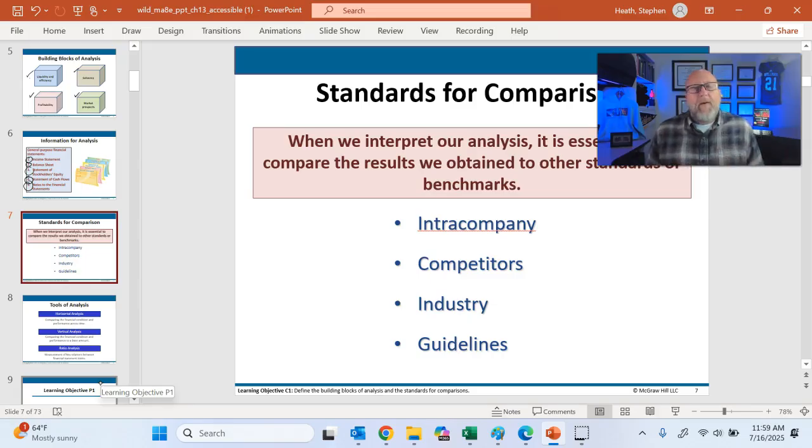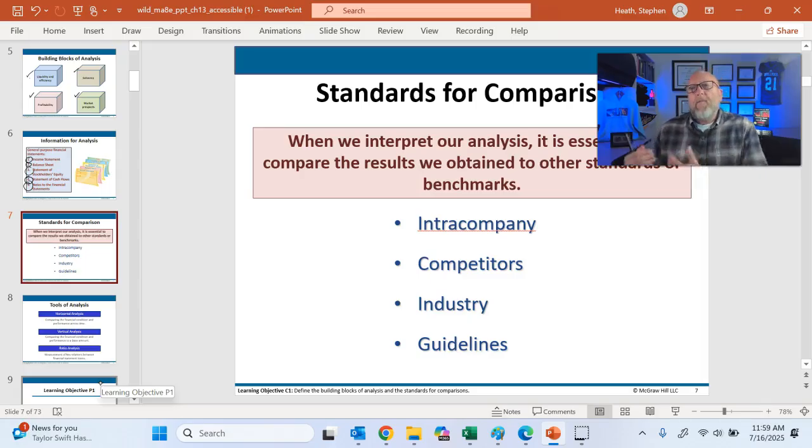So we could be operating at, say, a 20% EBITDA. In fact, let's even make it easier. We could be operating at a 20% net income, meaning our net income is 20% of our revenue. And that sounds really good.